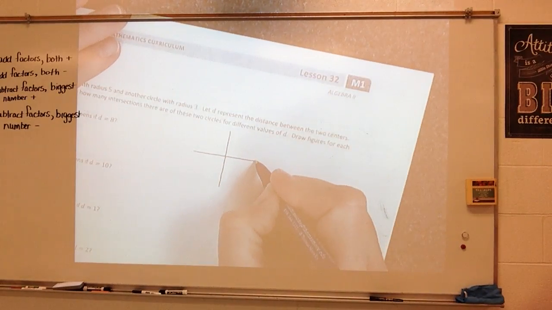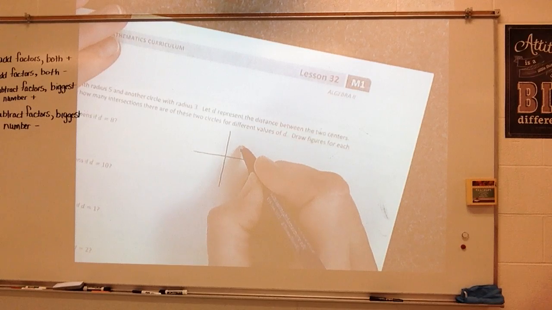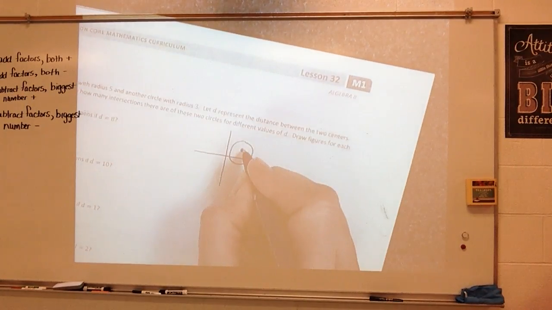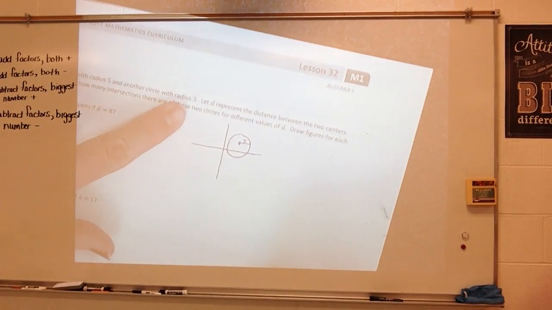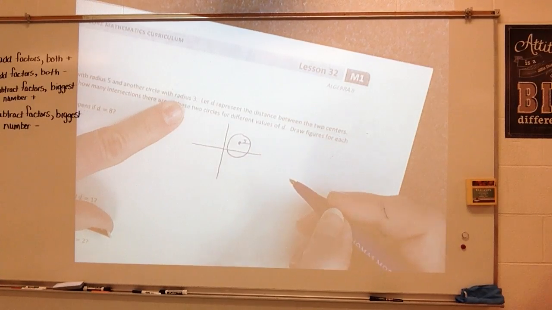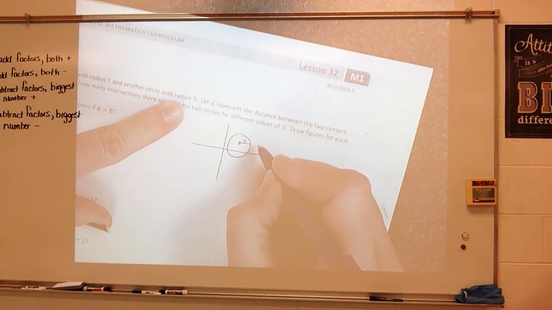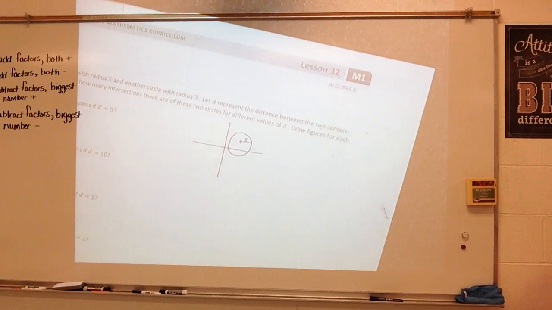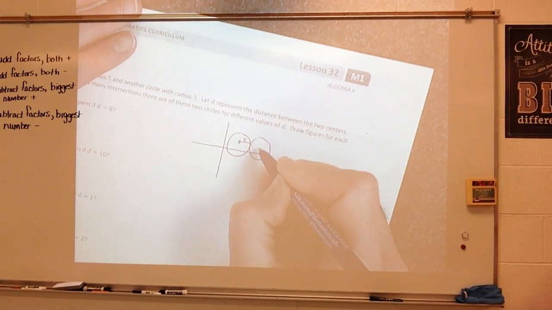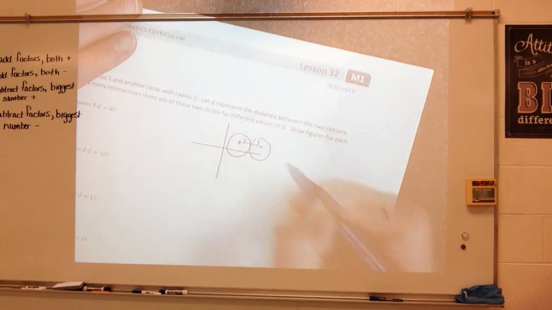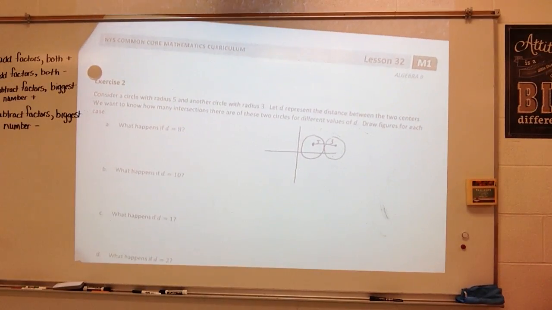Okay, so let's say that this is the center for one circle. Alright, and it has the radius of 5. And the other circle has a radius of 3. If I want the distance to be 8, at this point in time, I'm going to see that those two circles will only intersect at one point.